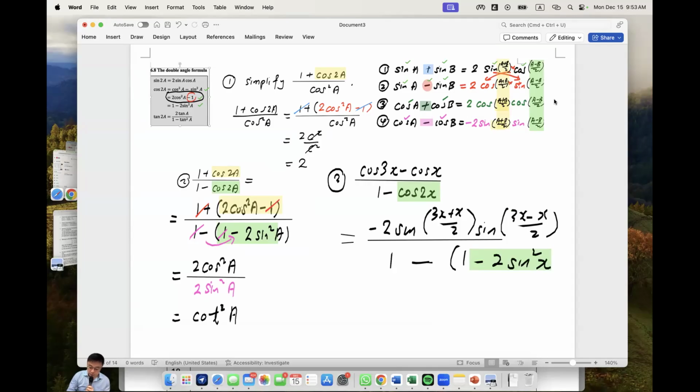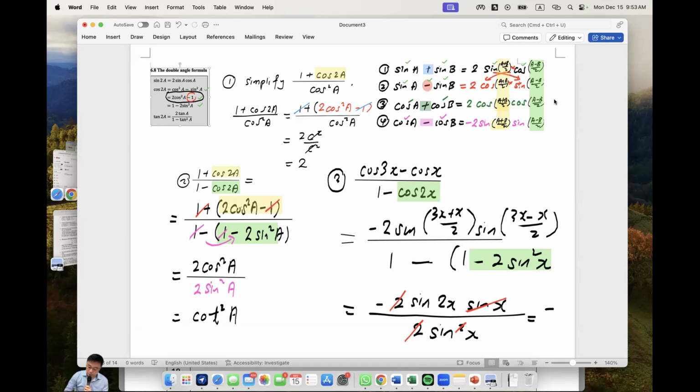Right. So the top one becomes minus 2 sine 2x and sine x as well, and to be divided by 2 sine square x. So by cancelling the 2 and this, what's my answer?